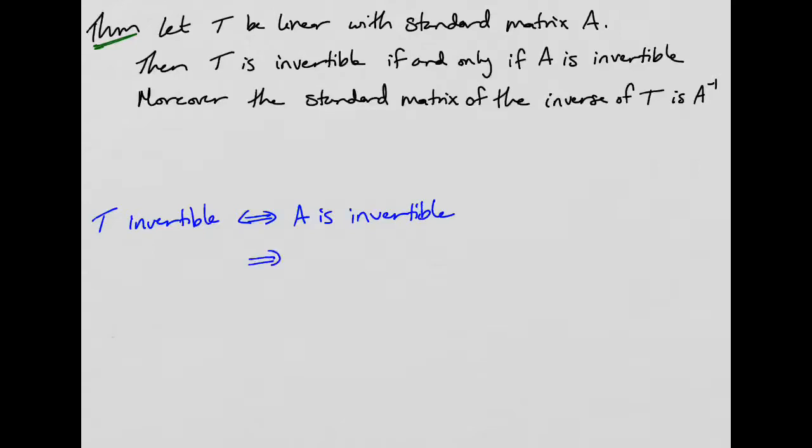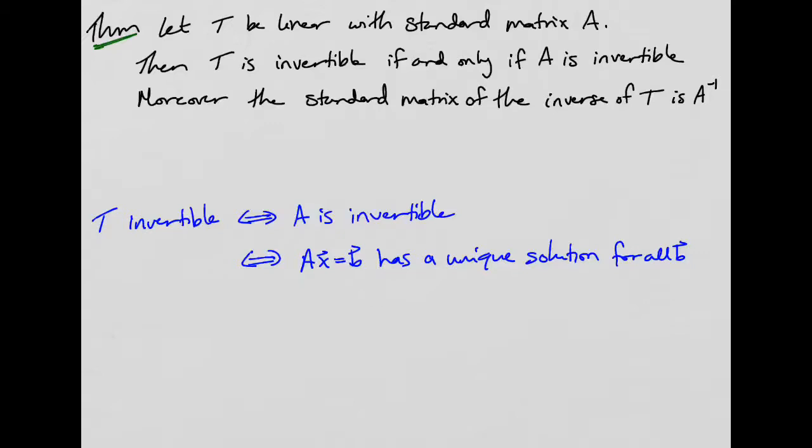And if we think back to a theorem from a previous video, when we talked about invertibility, one of the theorems we saw was that A is invertible if and only if AX equals B has a unique solution for every single B. So any B that you choose here, this has a unique solution, exactly one solution.